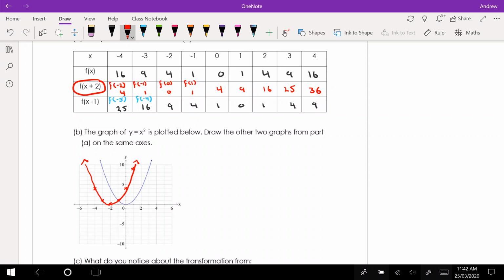Alright. Next one, shall label in blue. When x is negative 4, it's 25. So negative 4, 25, you can't get that. We'll start at negative 2 because that's going to be 9. So negative 2, 9. Negative 1, 4. 0, 1.